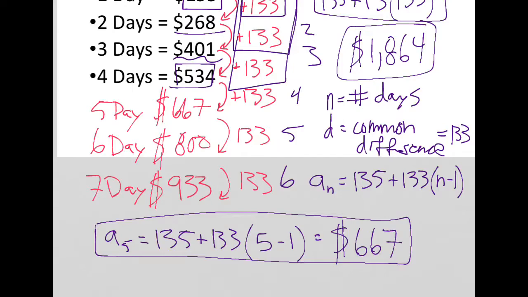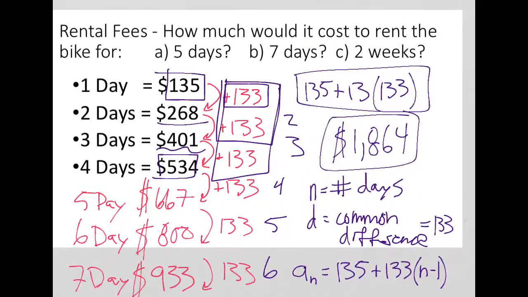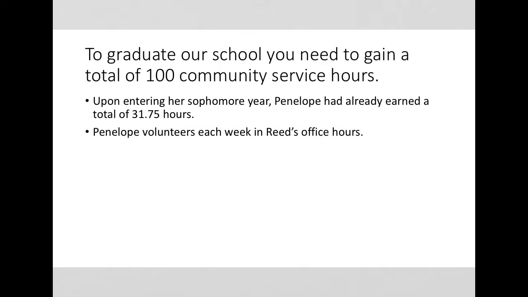And so in this way, it is much, much simpler to come up with this formula and use it rather than crunching out piece after piece. If I wanted to know how much it would cost after 2 months of rental, first off, that would be ridiculous to rent a motorcycle for 2 months. But the point is, you could do it, and it would be much better than crunching each number, adding 133 a bunch of times. So let's look at another one here.